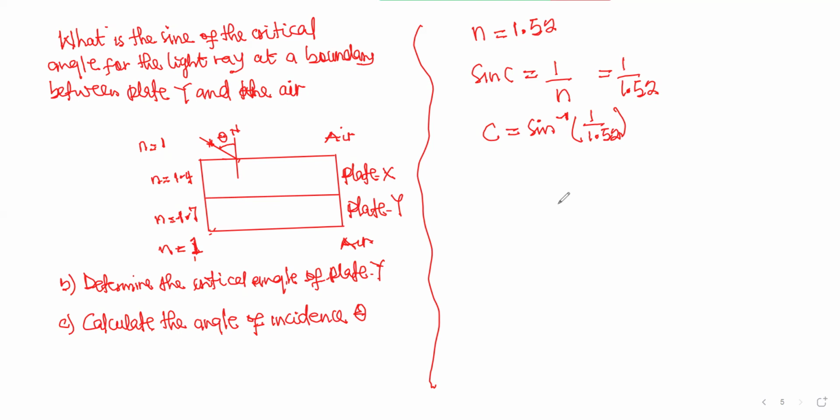If it is in radians, it will affect your value, so whatever you write will be wrong. So the critical angle is approximately 41.1 degrees, or approximately 41 degrees.